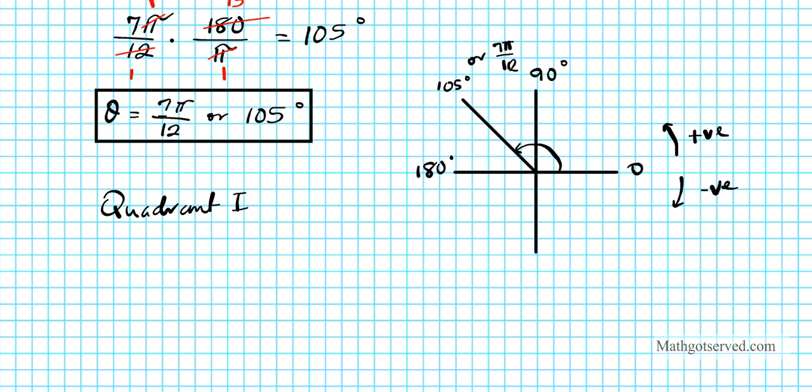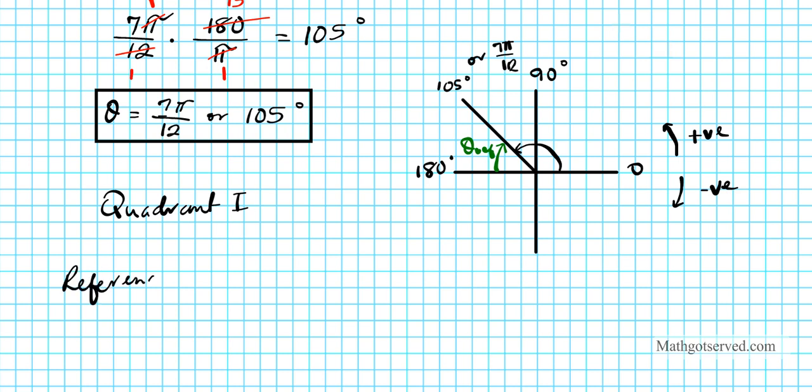The reference angle is the angular measure from the terminal side to the closest x-axis. This is the closest x-axis right here, so this represents our reference angle. I'm going to call this theta reference. How do we find the reference angle? We just find the angular separation between 180 and 105. So let's write this down, reference angle.